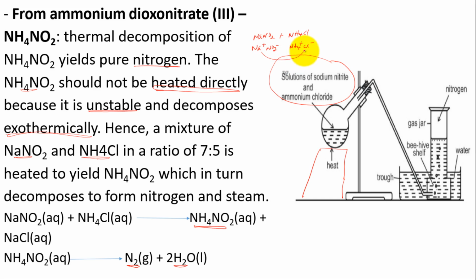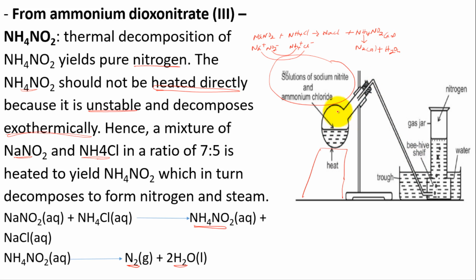Automatically, Na plus and Cl minus combine to form sodium chloride. Then NH4 plus and NO2 minus combine to form NH4NO2, and this will further decompose to nitrogen gas and water.